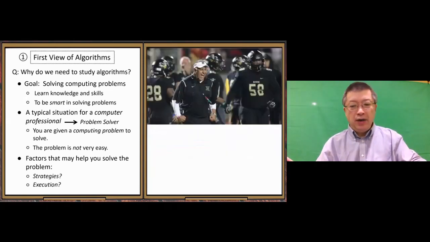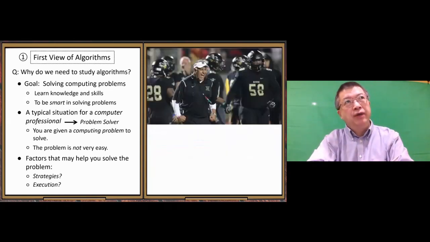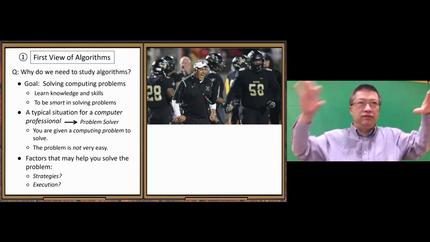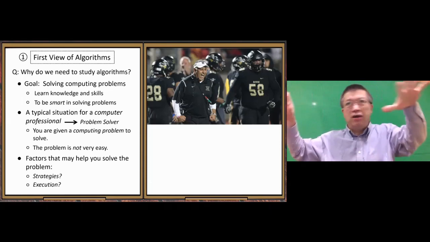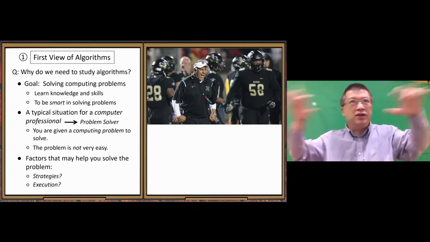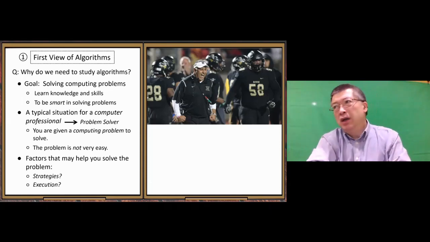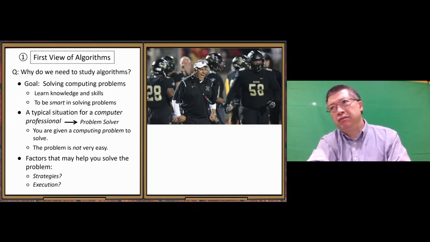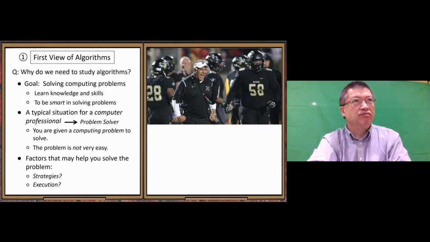So here, it is very common in football games. Suppose you are a football coach, so you design many smart, advanced, superb strategies, but your players cannot execute those strategies. So you still lose, right?